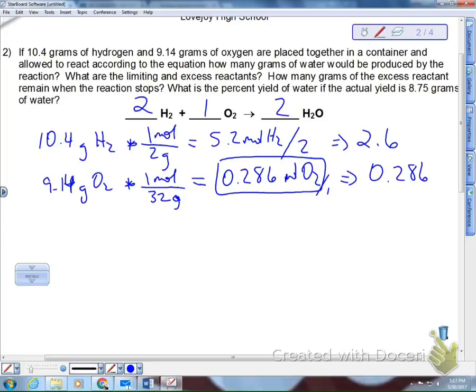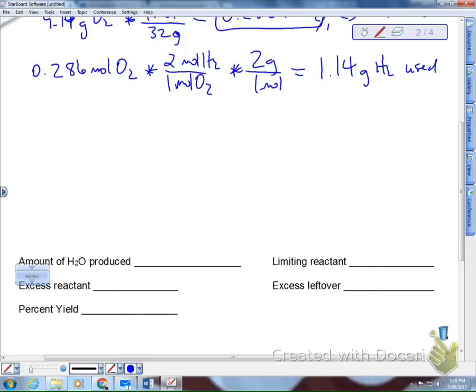Okay, now we want to find the excess reactant. Hit pause. Go ahead through the entire process of finding the excess reactant. Remember, you need to find what you need and then what's actually left over, and then hit play again. Alright, we've calculated here that there's 1.14 grams of H2 used.